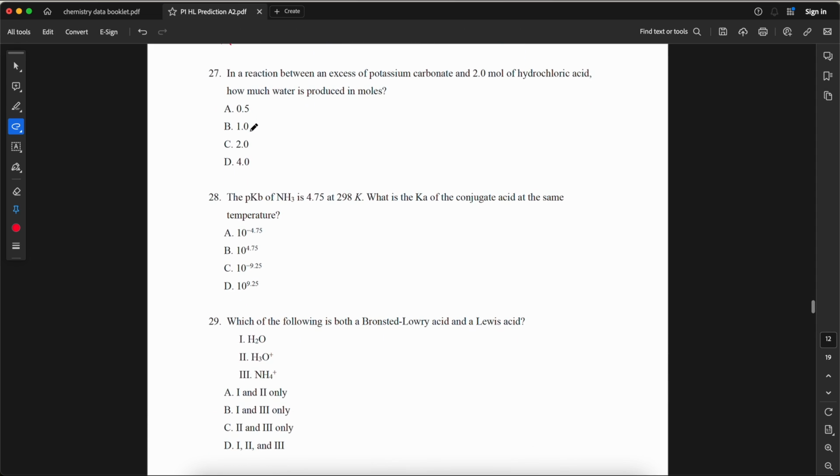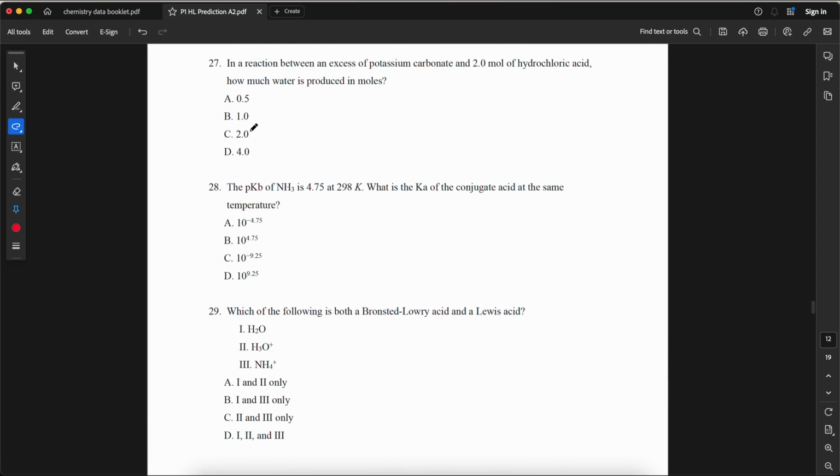In a reaction between an excess of potassium carbonate and 2 mole of hydrochloric acid, how much water is produced in moles? Potassium carbonate, K⁺ and CO3²⁻, so crisscross: K2CO3 and HCl. So K2CO3 plus HCl, that would be H⁺ and Cl⁻, CO3²⁻, and then K⁺.